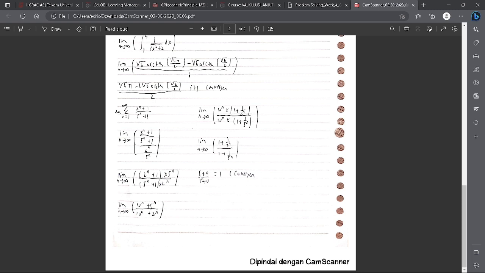This is the result: 1 plus 0 over 1 plus 0, and the result is 1, and it is convergent.